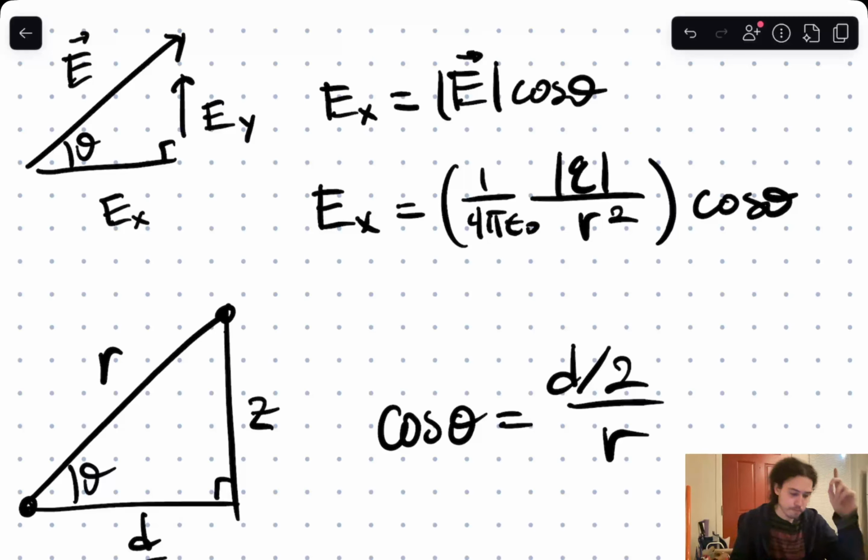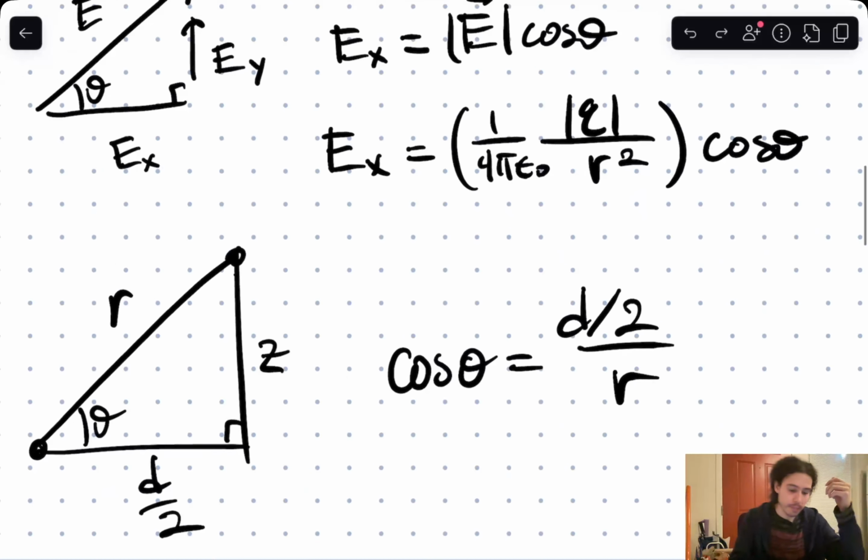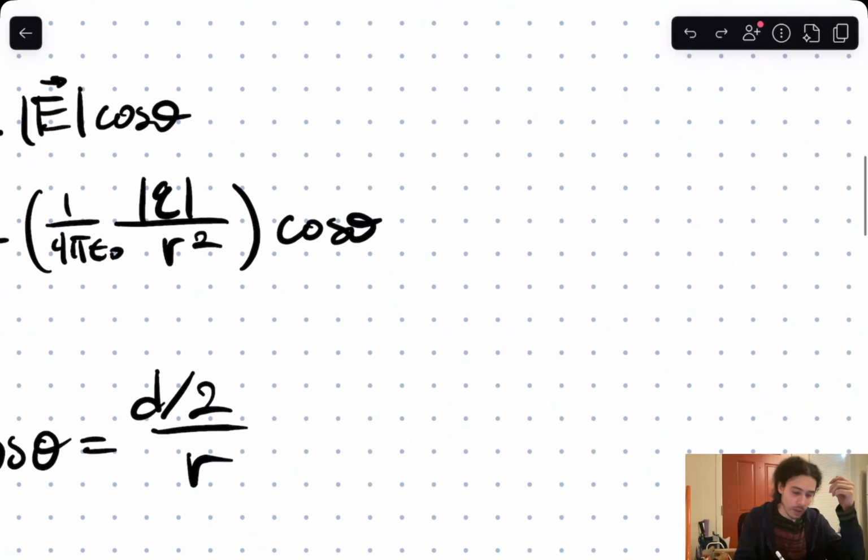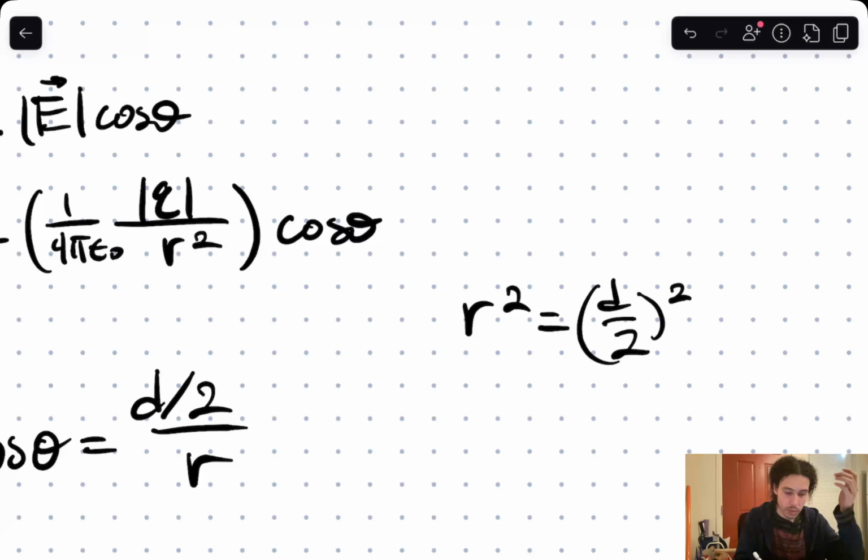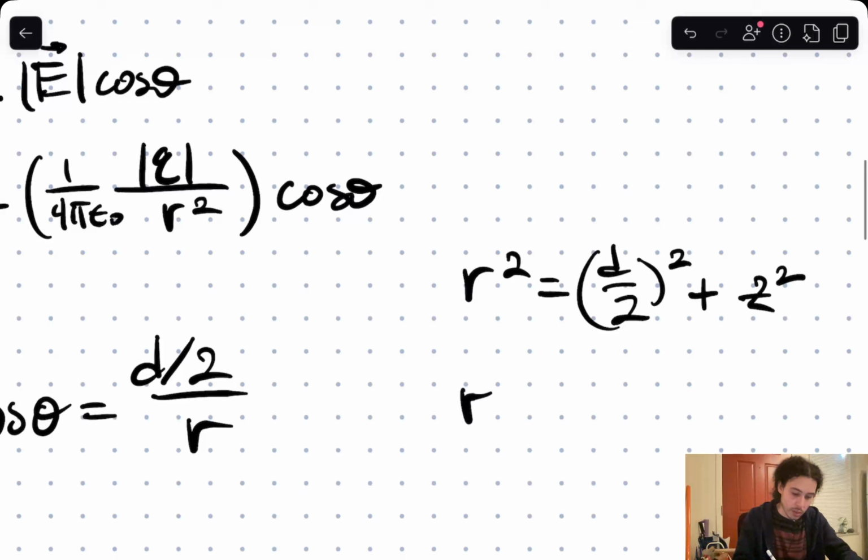And notice that, again, this is a right triangle, so we can use the Pythagorean theorem to further define r in terms of d over 2 and z. So let's do that. r squared is equal to d over 2 to the power 2 plus z squared. We take the square root.